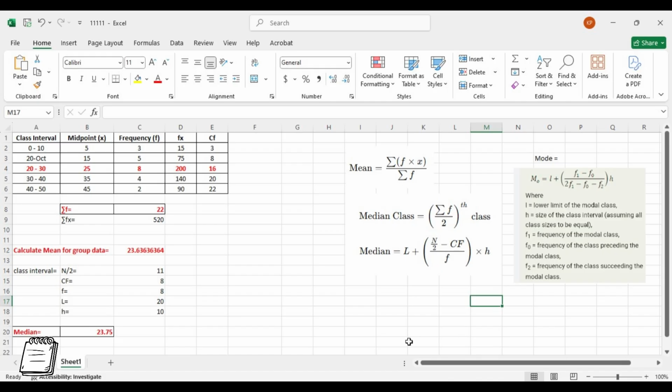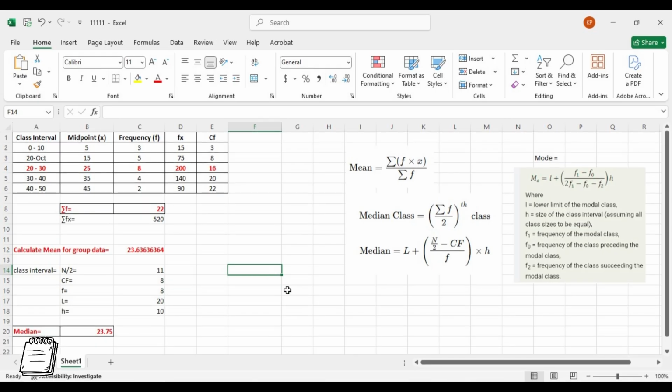We have this formula. Mode is equal to L plus the bracket f1 minus f0 divided by 2 f1 minus f0 minus f2, close bracket, into h. In this formula, L is equal to the lower limit of the modal class, h is equal to the size of the class interval, assuming all class sizes to be equal.